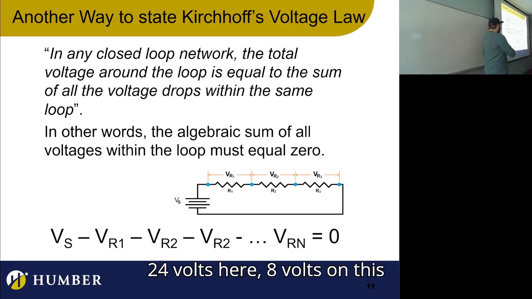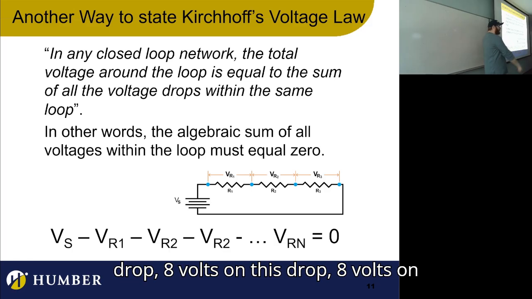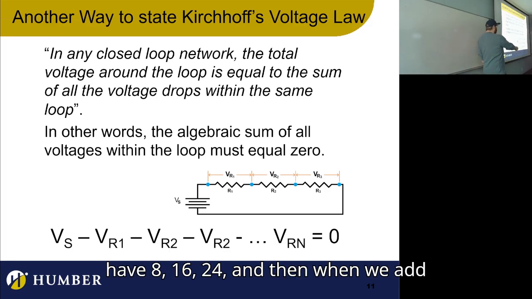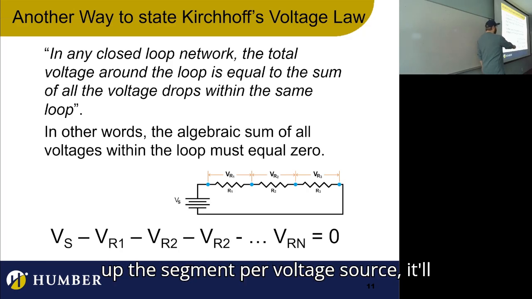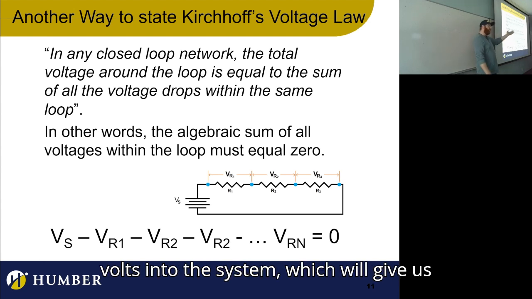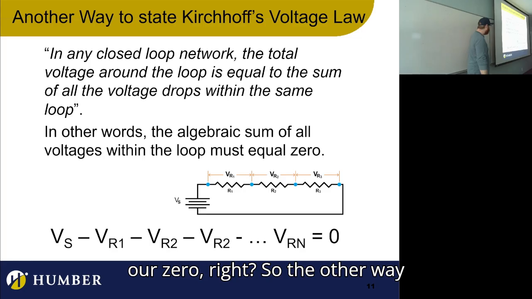So we'll have 24 volts here, 8 volts on this drop, 8 volts on this drop, 8 volts on this drop. And so you'll have 8, 16, 24, and then when we add up the segment for voltage source, it'll be negative 24 because it's adding 24 volts into the system, which will give us our 0, right?